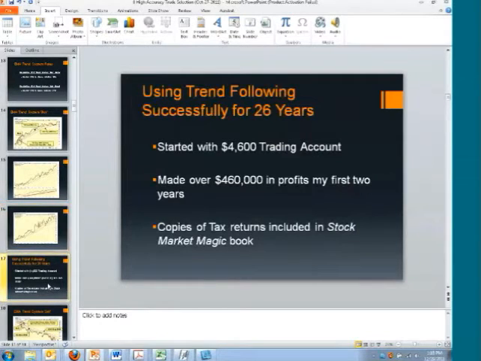So I've been using these basic trend following systems for 26 years, actually 27 years now. And when I first started out, I experimented with several different things, but I found that trend following was the best overall system to use as a new trader.